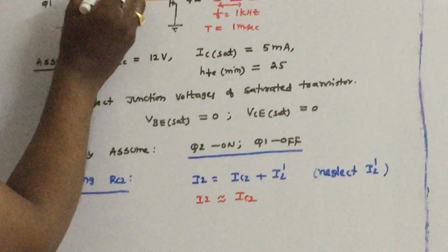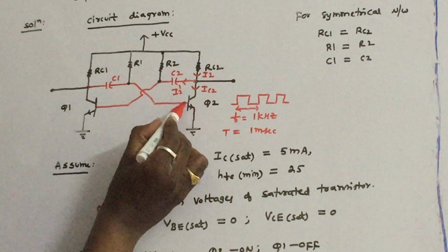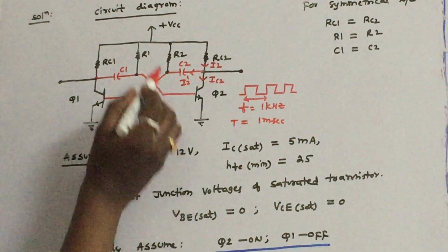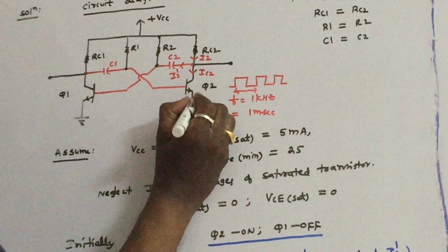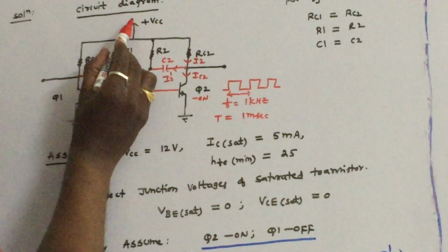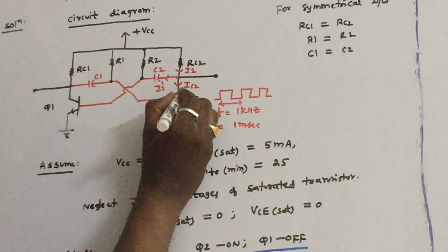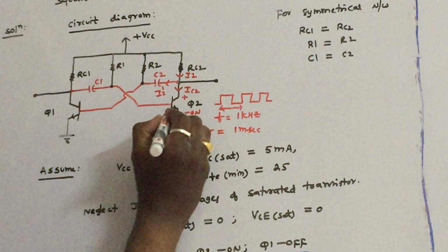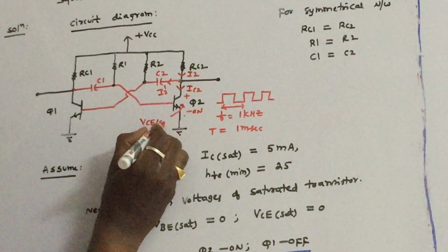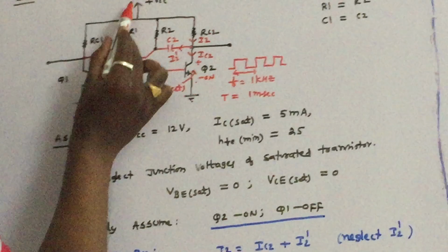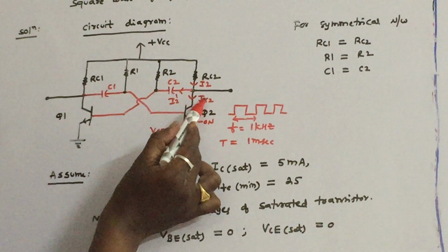So apply KVL to this loop. There are only two formulas, as I said earlier. Apply KVL to this loop because this transistor is in on condition. What is this voltage? This voltage is VCE saturation. Therefore VCC minus VCE saturation divided by RC2 is equal to IC2.